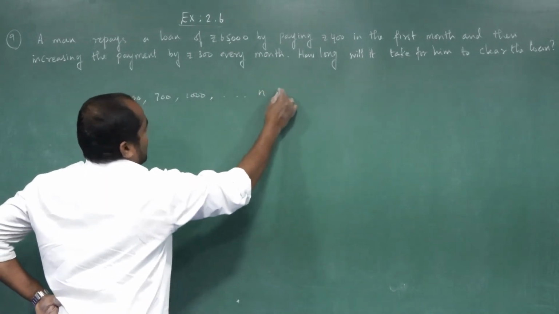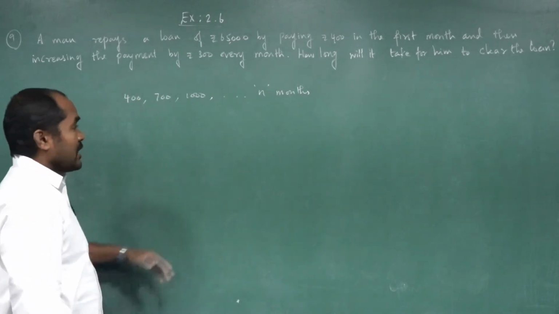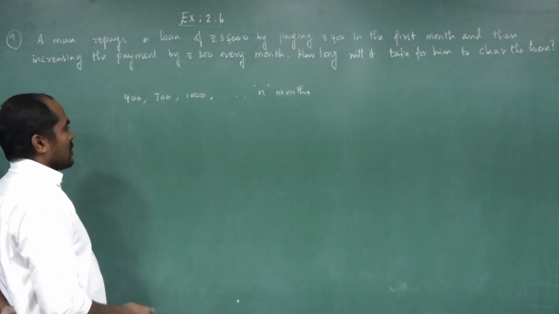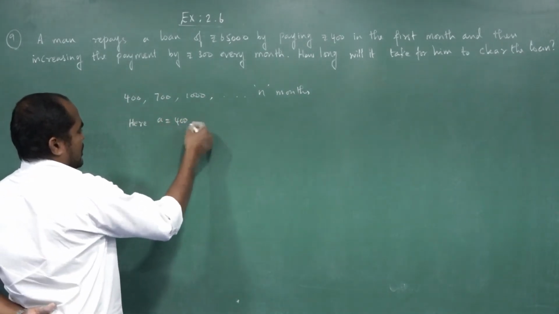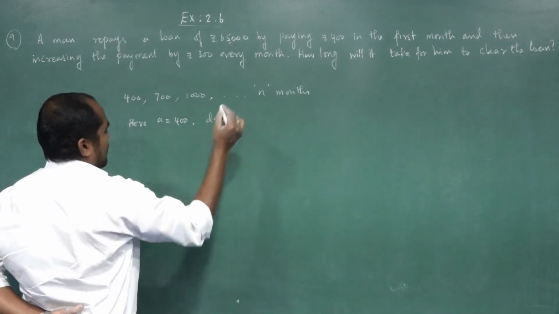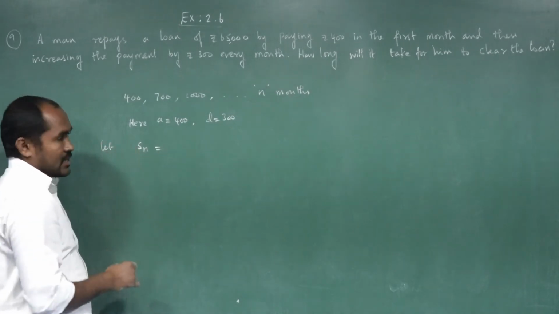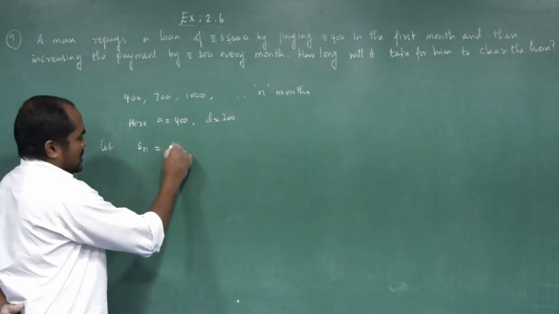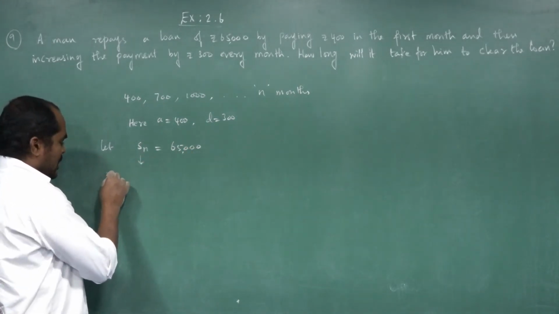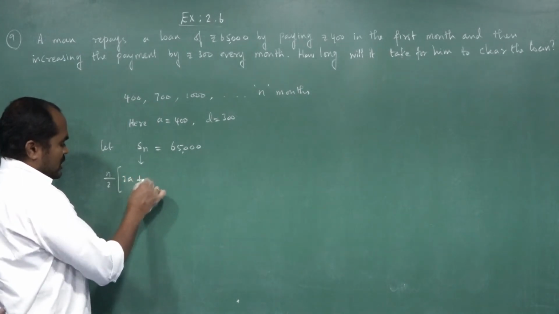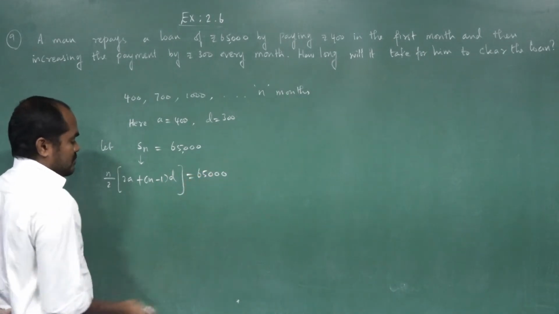Up to n months. We want to find n, the number of months. So here a equal to 400, common difference equal to 300, and let us take Sn equal to 65,000, that is the total loan amount. So the Sn formula: n by 2 of 2a plus n minus 1 into d equal to 65,000, right?